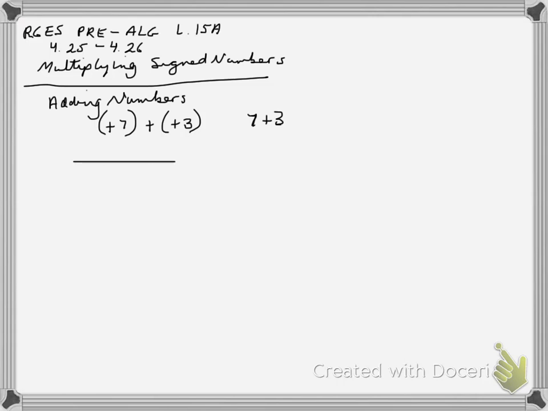If we're thinking about it on a number line paradigm, we would start at 0, we're going positive 7 and positive 3, and we're summing, and we would get positive 10.